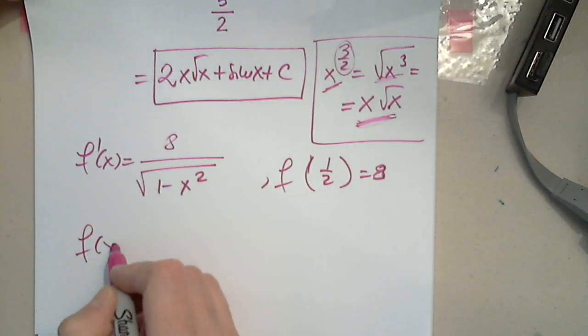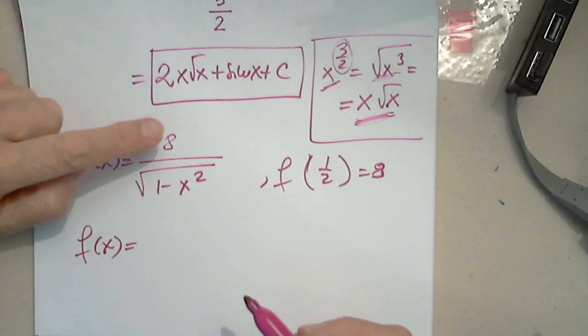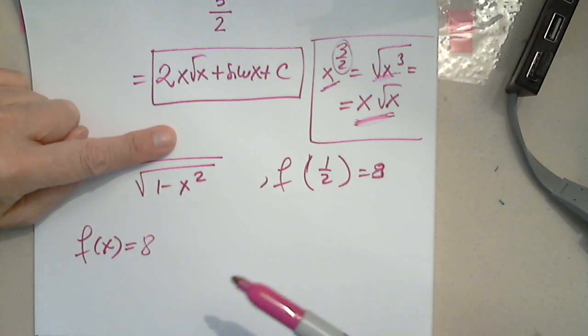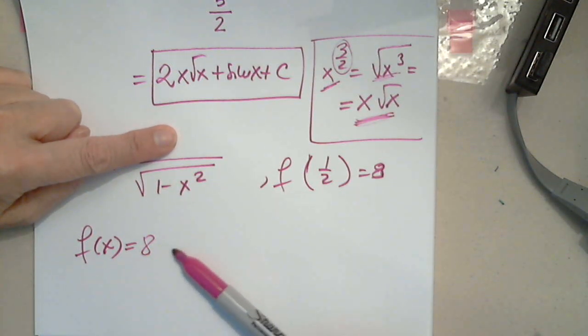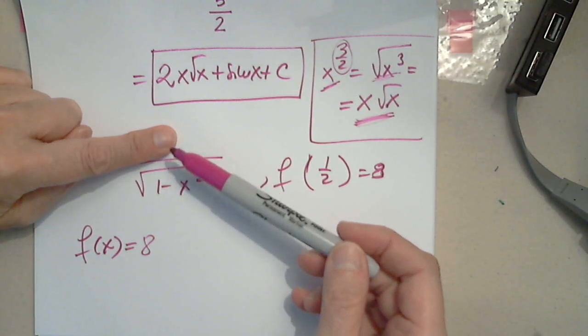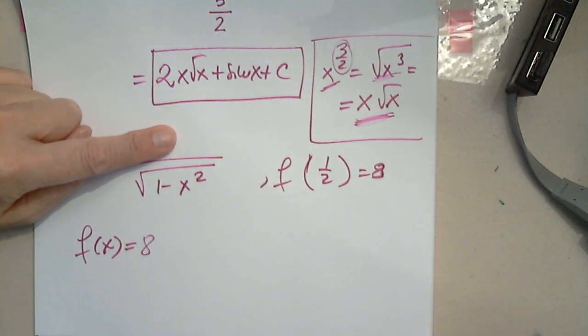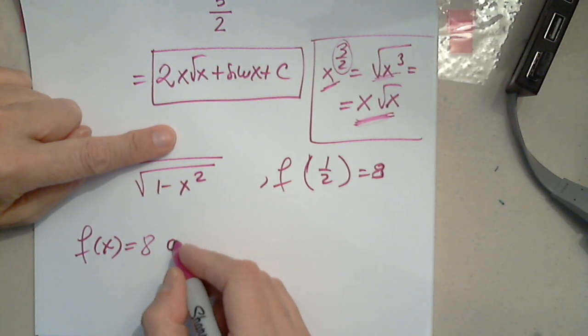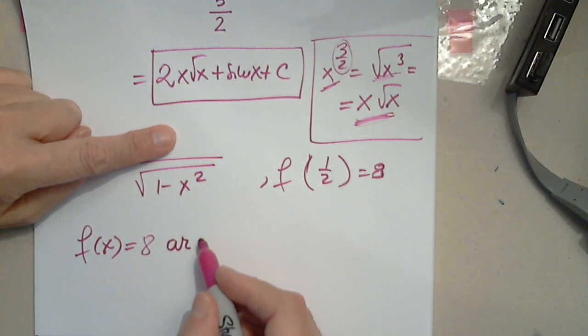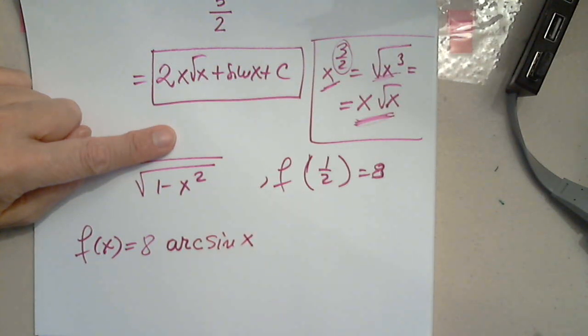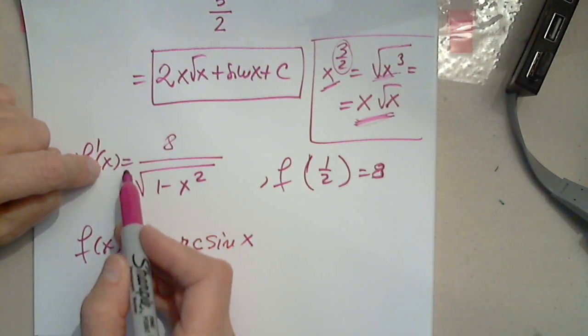So in order to find f of x, I have to ask myself, and 8 is 8, can wait patiently. I have to find which function I differentiate to get 1 over this. Isn't that a sine? Yes. Oh, is it arcsine or arccosine? Okay. The one with minus in front is arccosine.